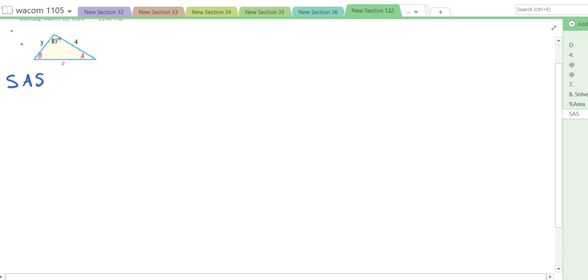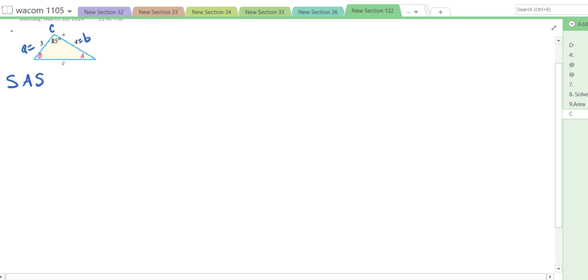This is going to be side A equals 3. This is side B equals 4. And this is angle C that I know. Okay. All right.